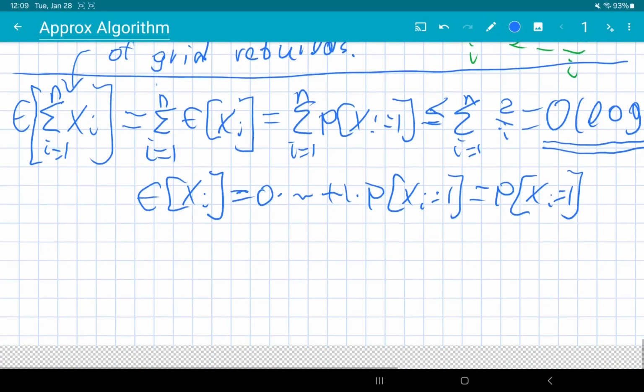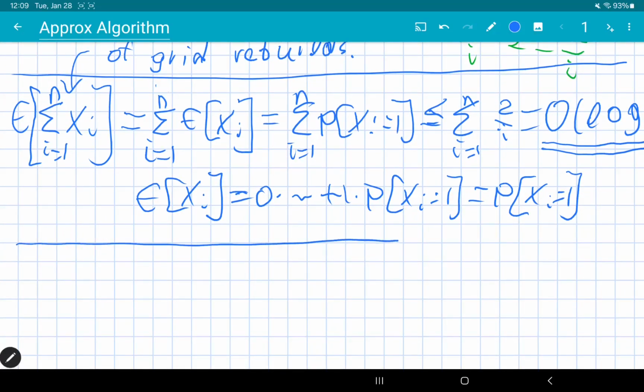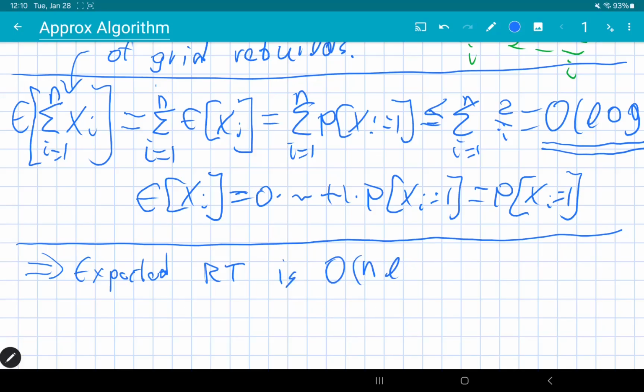Okay, so we are already in pretty good shape because every step of the insertion takes constant time unless we do a rebuild, but we are doing in expectation only log n rebuilds. Every rebuild takes n time, so we immediately get expected running time O of n log n, right?